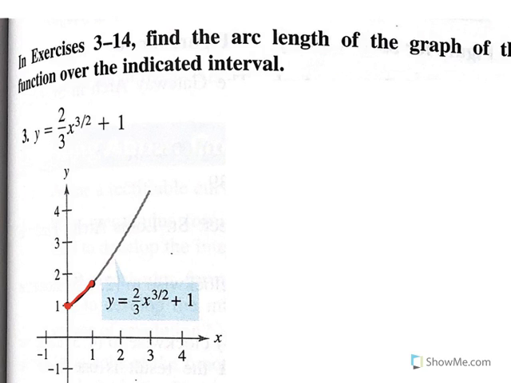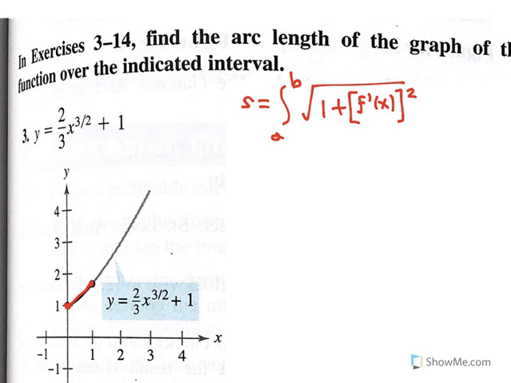So let's go back to the definition of arc length. S is equal to the definite integral from a to b, and the integrand is the square root of 1 plus f prime of x squared dx. So what would be the limits of integration for this particular problem?